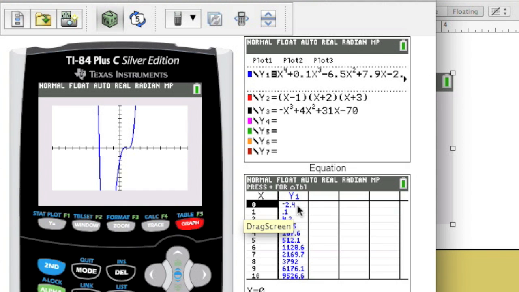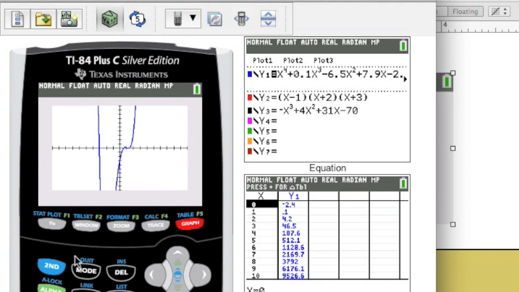If you were to press second and graph, there's the table. You would see your y1 and your x's and y's for that particular function. Even looking at the graph as well as your x and y values, it does not look like it would pass back through because my x values are in whole numbers. So we need a closer look.